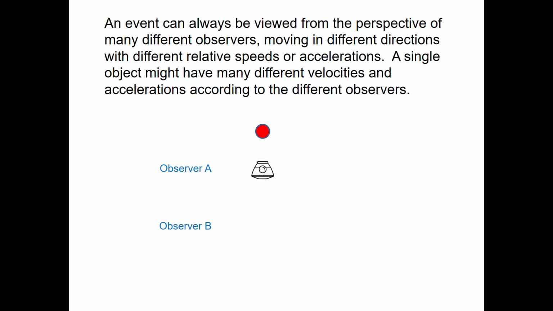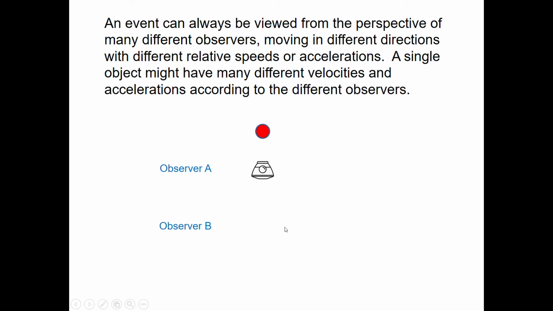That spaceship, at least from the point of view of the picture I'm showing, is moving to the left. When they look out the window, the ball will appear to be moving to the right, and it actually will be moving to the right. So that second observer B is going to say, the ball has a non-zero velocity. It's moving to the right with a certain speed, according to me.